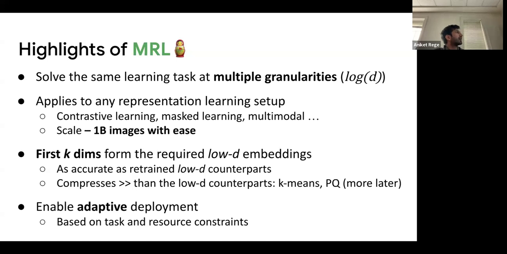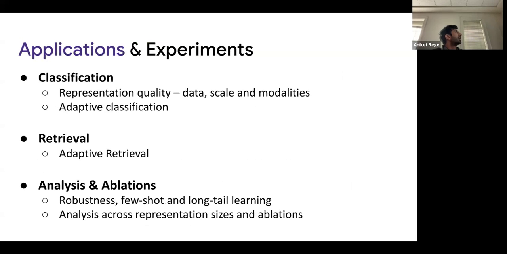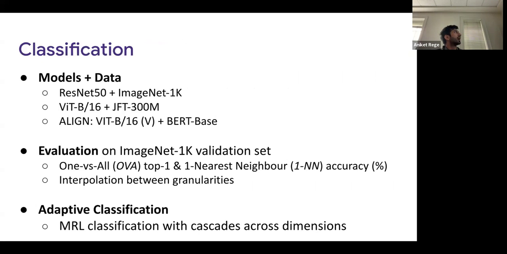So let me just move on to the actual numbers. I'll talk about the application. I'm going to discuss classification and retrieval in a sec, to show how this technique actually performs. The setup is ResNet-50 on ImageNet, so a super standard academia setup.